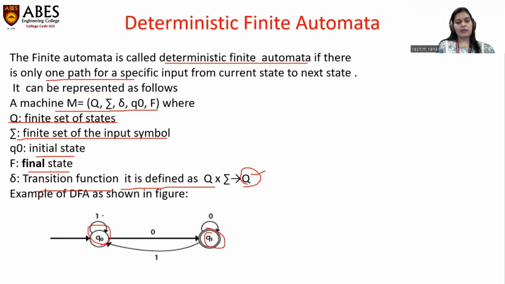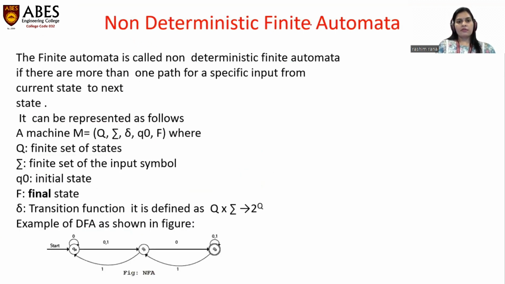If we apply input 1 to q naught, it goes to q naught, and if we apply input 0, it goes to q1. In the same way, if we apply input 0 to q1, it goes to q1, and if we apply input 1, it goes to q naught. This is our DFA.